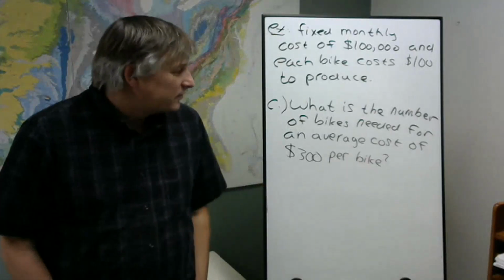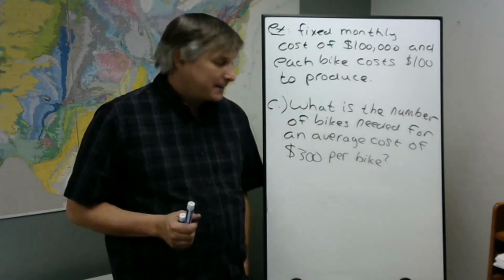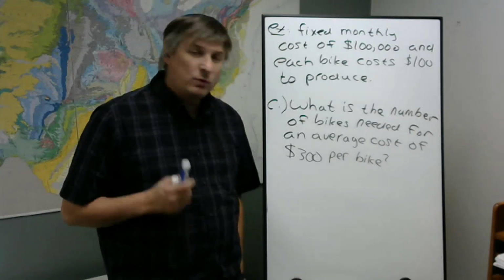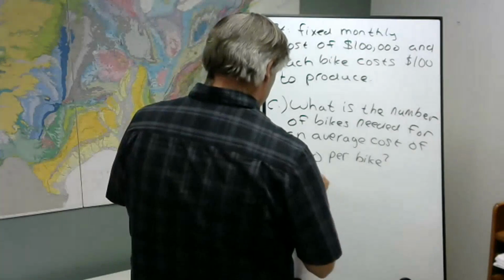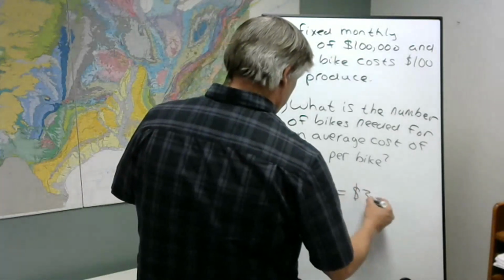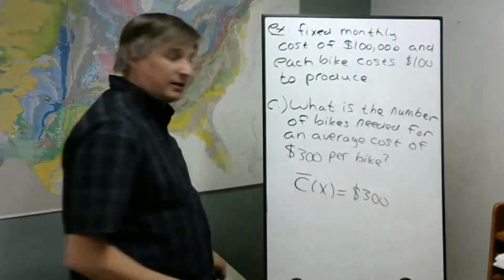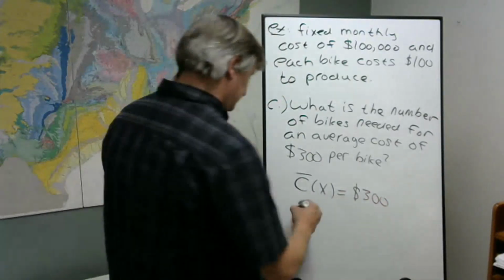So what is the number of bikes needed for an average cost of $300 per bike? Well, what this means is we want this to equal 300. And we're going to have to solve for x.